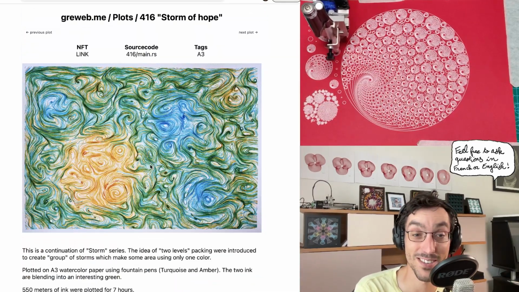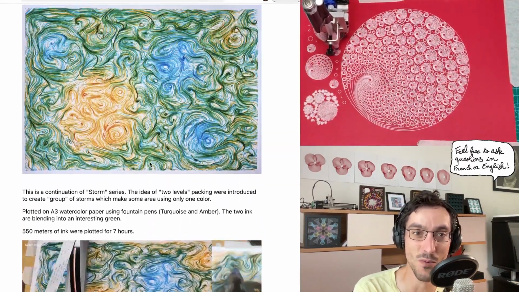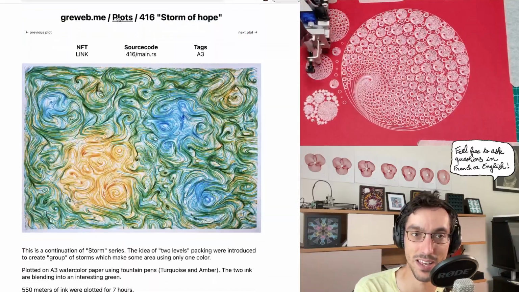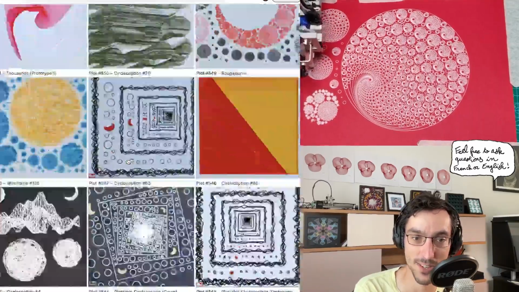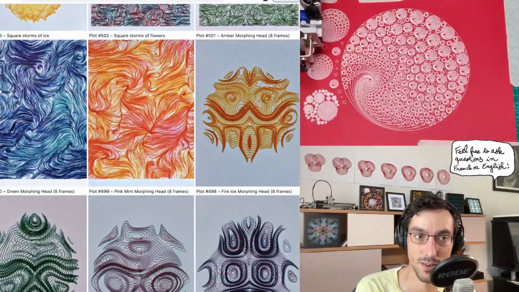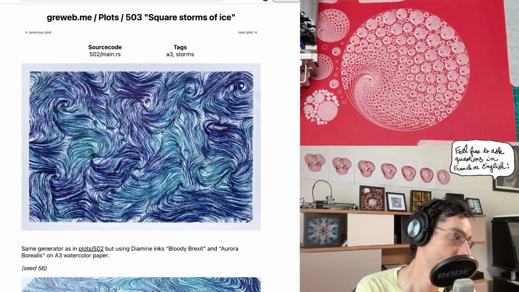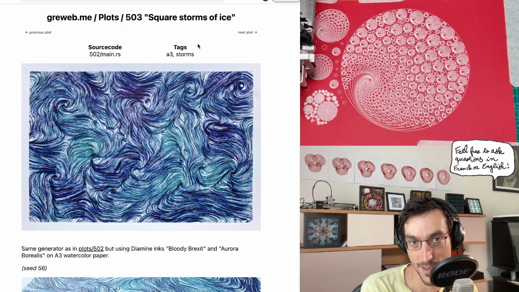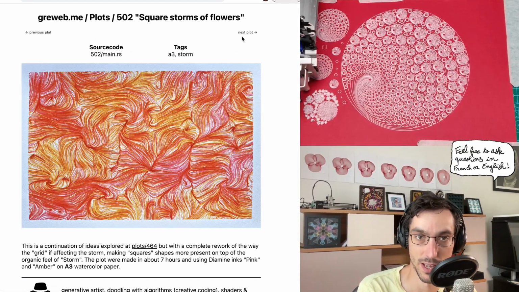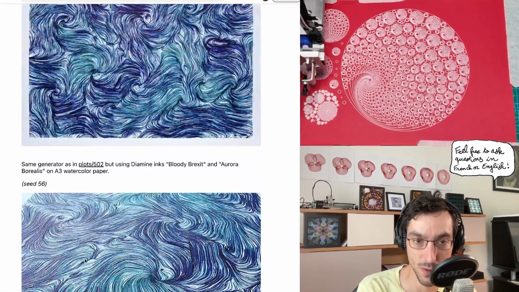I actually want to try at some point an A1 plot with this technique, that would be so awesome. But I think I evolved even more recently by doing this. So I think I will try to make similar stuff, but in A1, and it's always 7 hours more or less.